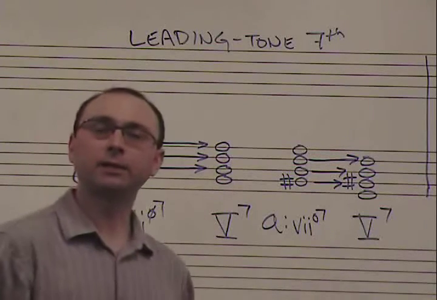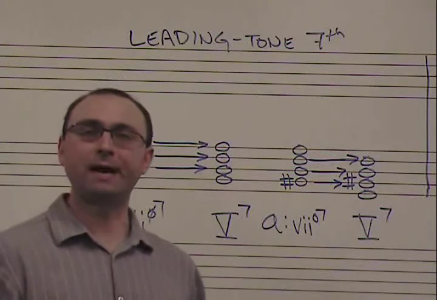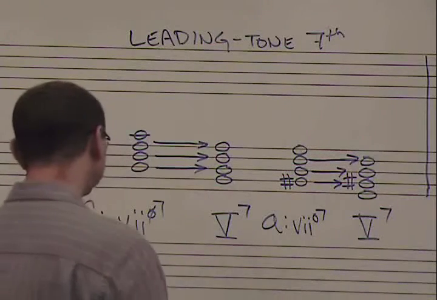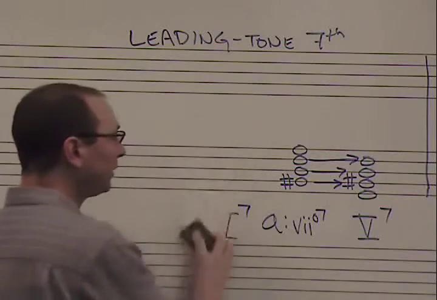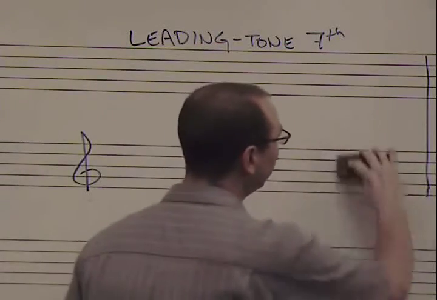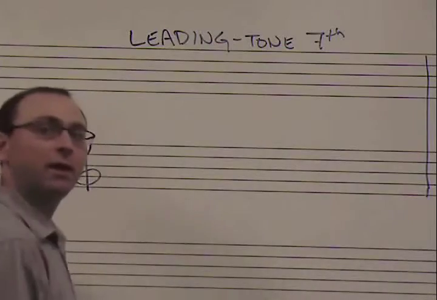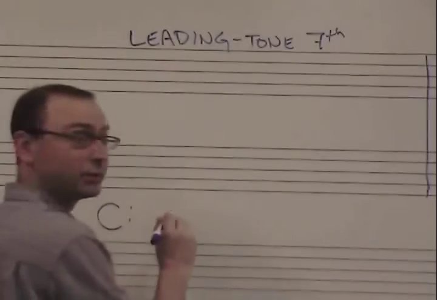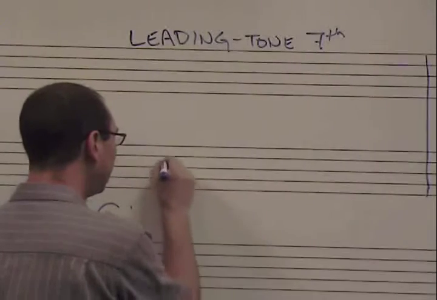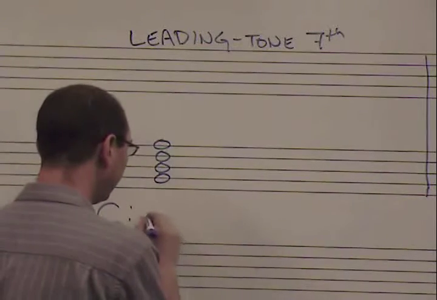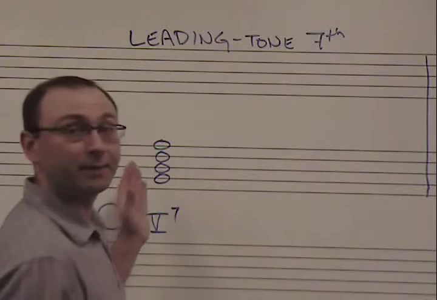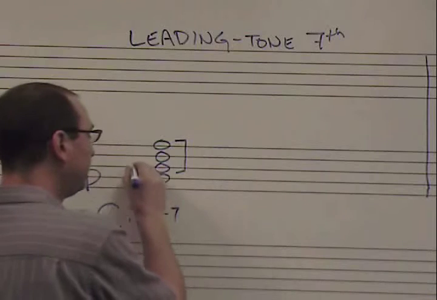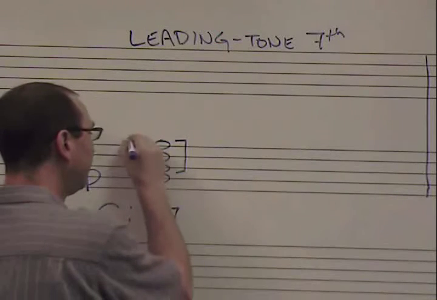Next, let's compare the leading tone diminished 7th chord to the dominant in terms of its tritone content. We've learned that the dominant, as a 7th chord, has an inherent tritone. In C major, the dominant 7th chord has a tritone between the 3rd and 7th factor.